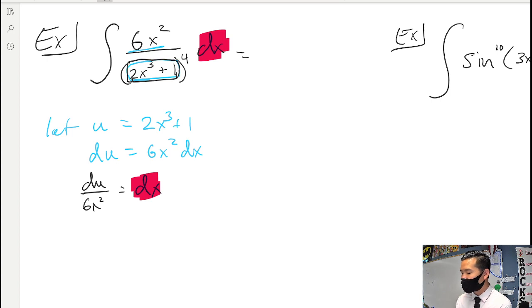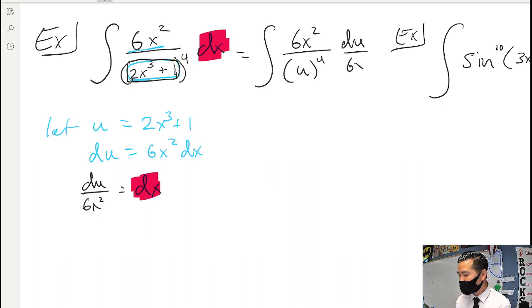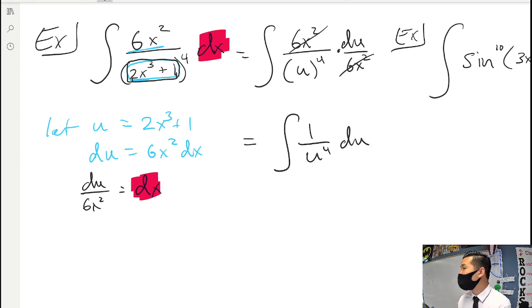So this becomes the integral of 6x squared over u to the 4th, du over 6x squared. The 6x squareds cancel, and I'm left with the integral of 1 over u to the 4th du.